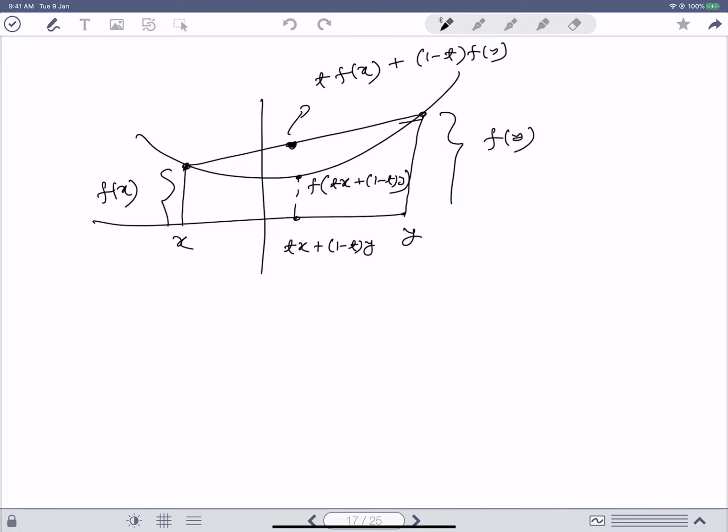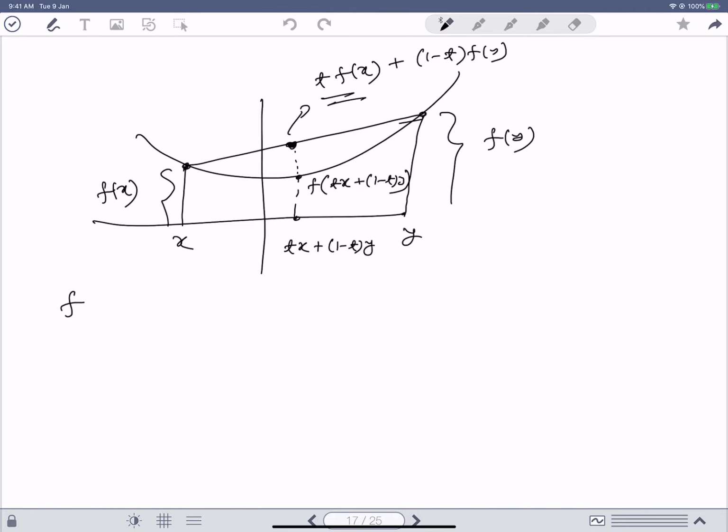If it looks flat at some places, then that will be only convex, but not strictly convex. But if it is always curved, there is nothing flat, then it will be strictly convex. It says only this, that this value is always bigger than that.